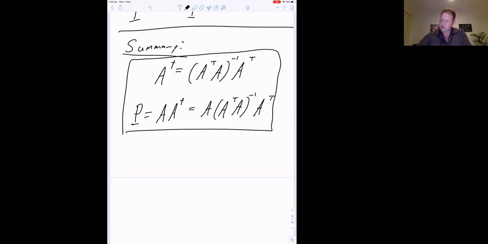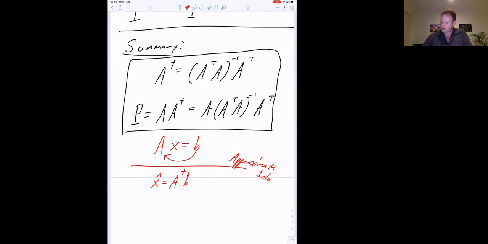So when we go to a system of equations like AX equals B that does not necessarily have a solution, because B is not in the column space of A, then we can say X hat is going to be A dagger times B. That is the approximate solution, but it's a very good approximate solution because it actually minimizes the least squares.